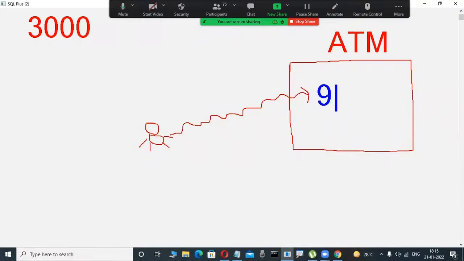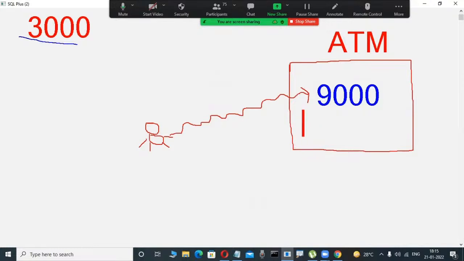Now, as I try to withdraw 9,000 rupees, will I get 9,000 rupees? No. My balance is 3,000, so how can I get it? 9,000 rupees is impossible. In this case it will give a message.